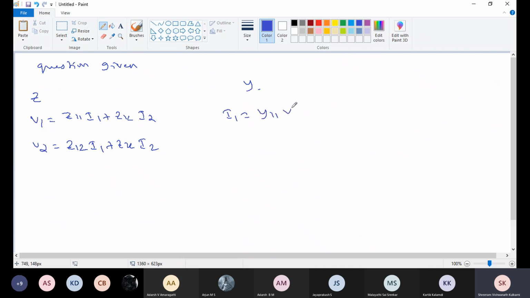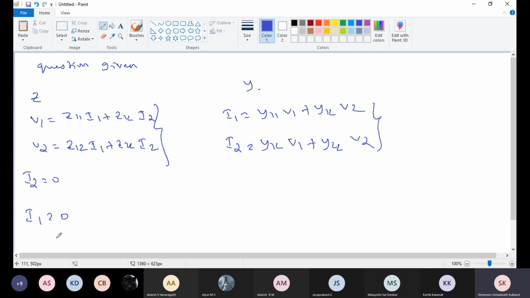I1 equal to Y11 V1 plus Y12 V2. I2 equals Y21 V1 plus Y22 V2. These are my linear equations for Z and Y. For Z, first case I2 equal to 0 and I1 equal to 0. Similarly for Y, V2 equal to 0 and V1 equal to 0. These are case 1, case 2.